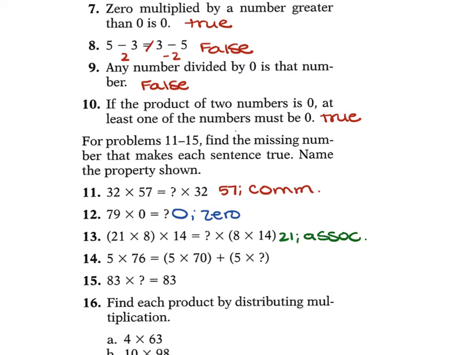For 14, we have 5 times 76 is equal to 5 times 70 plus 5 times something. That 5 times something would be 6, and we're using the distributive property. For 15, we have 83 times something is equal to 83. In order not to change this, we're going to be multiplying this 83 by 1, and this is just the identity property.